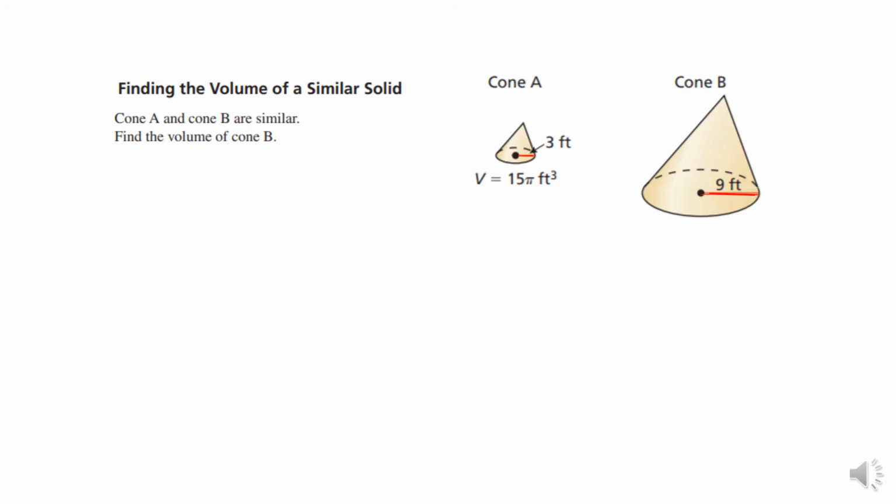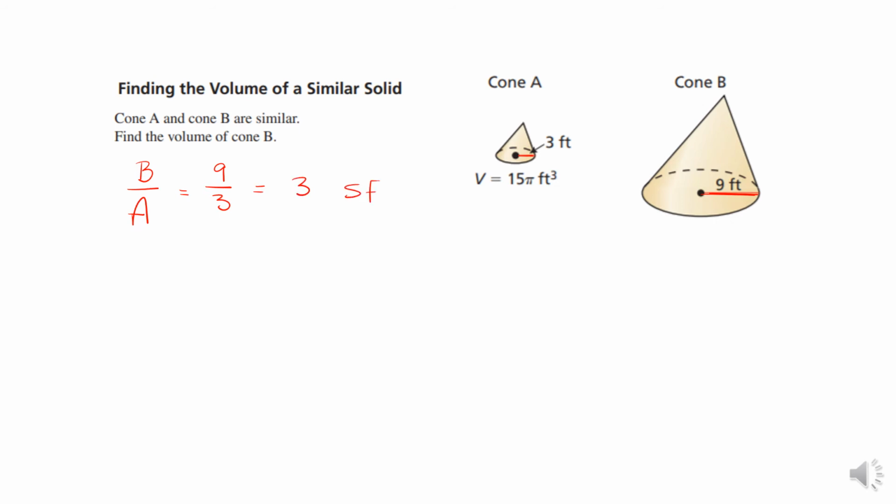So the first thing I'm going to do is set up my scale factor, and I'm going to do B to A. It doesn't matter what you decide to do as long as you maintain that ratio throughout your problem. So I'm going to compare the radii because you have to find a linear measurement that you can compare. So the radius of B is 9 and the radius of A is 3. So that gives me a scale factor of 3.